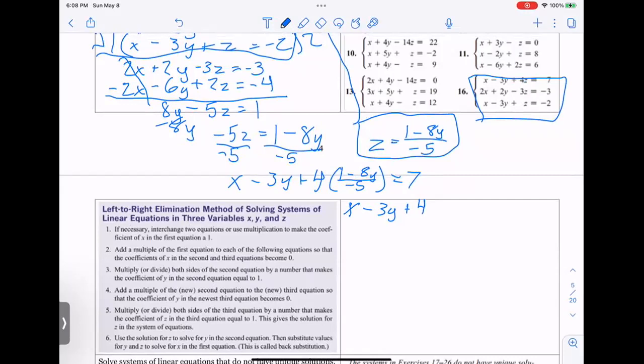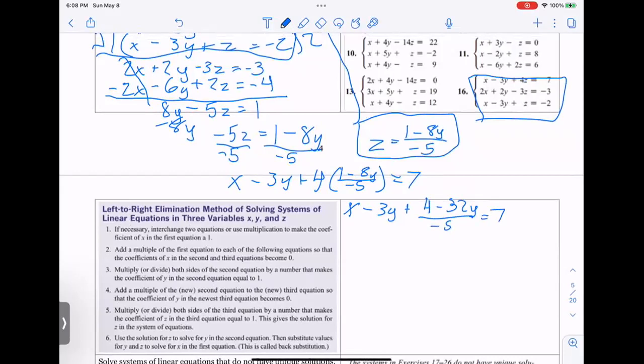If we multiply by 4, we can just distribute it to the top, so we have 4 minus 32y over that -5 equals 7.